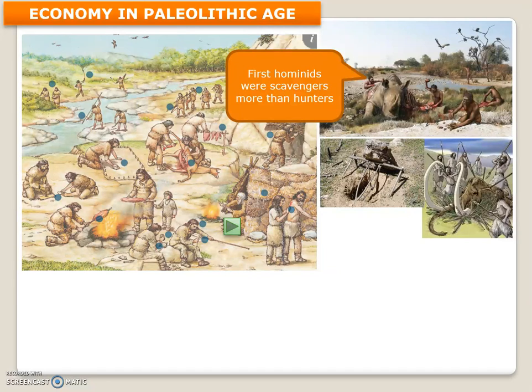For example, they push the animals to the cliffs, or they use the swamps, pantanos, to trap the animals and then kill them, because they were not very good hunters. But this situation changed with time, and in the Middle Paleolithic with the Neanderthal, and in the Upper Paleolithic with the Homo sapiens, we talk about very good hunters.